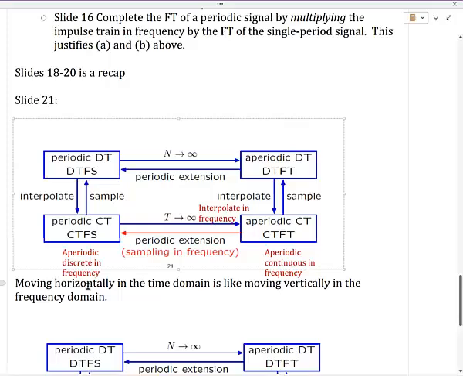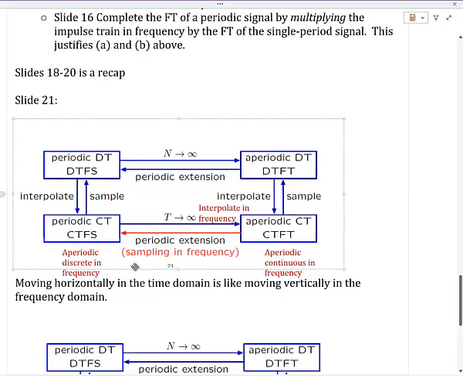Moving horizontally in the time domain is like moving vertically in the frequency domain. Now, why is that? Look at this. Aperiodic, discrete in frequency. In the frequency space, that's the same thing as this signal in the time space. Here we're talking about aperiodic, discrete signals. So this is the same kind of signal in time that this signal is in the frequency space.